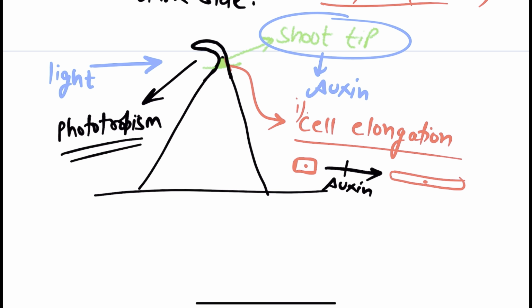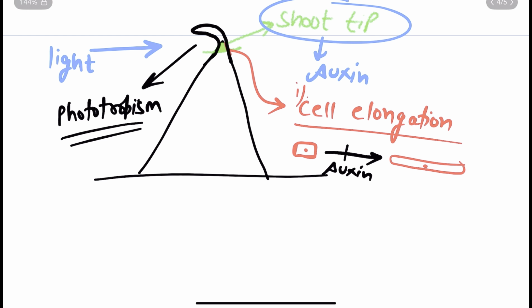Very simple. So it's the first function of auxin. Just remember, auxin is produced at the shoot tip, but it works towards the darker side, not the lighter side. Towards the darker side, auxin is responsible for cell elongation, and after the cell elongation, the shoot tip will turn towards the light source, and this growth is known as phototropism, growth towards the light.